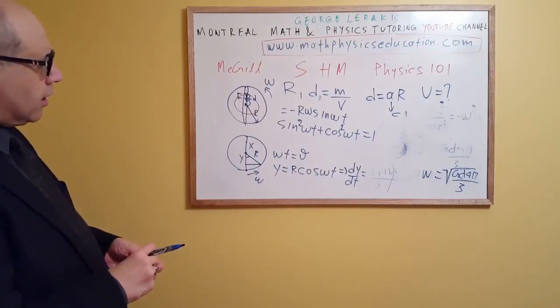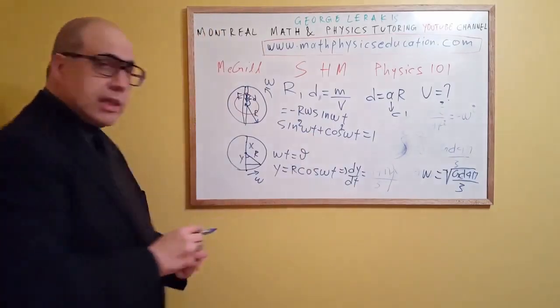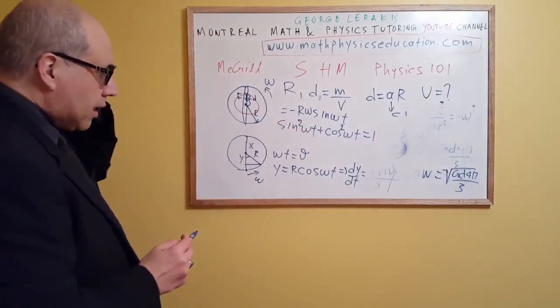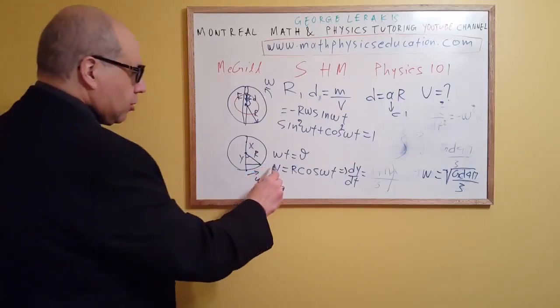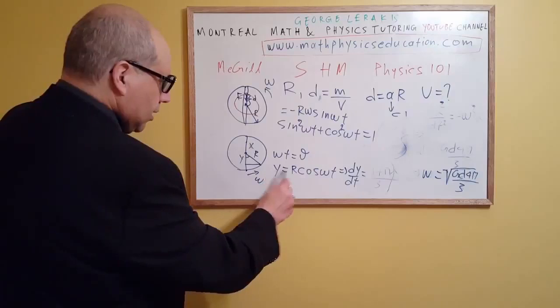From this we can calculate sine omega t, because cos omega t we can calculate from this equation here.